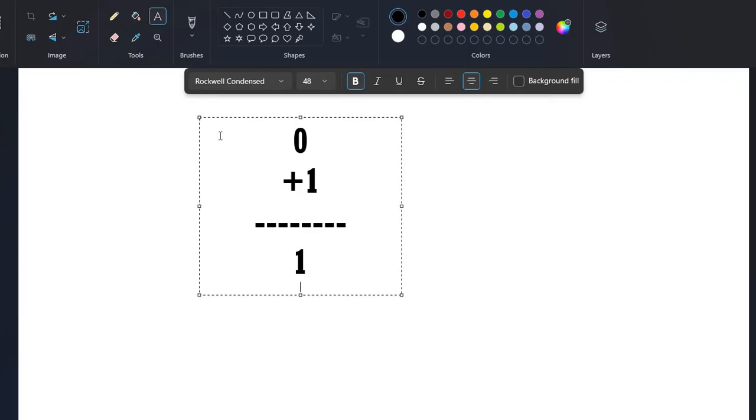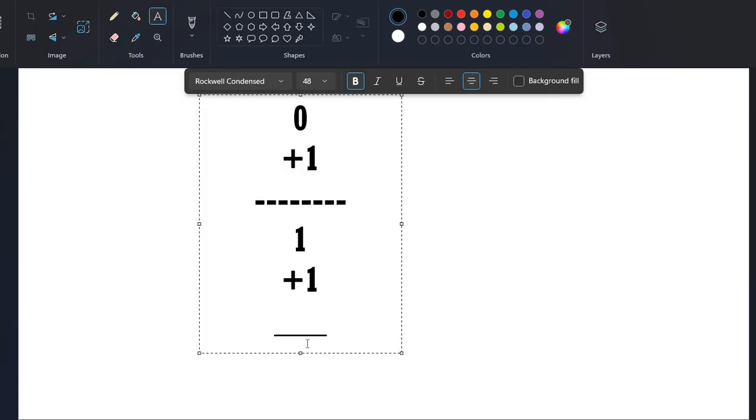Again, 1 plus 1, how much? It should be 2. But do you have 2 in binary numbers? No, we do not have 2, right?